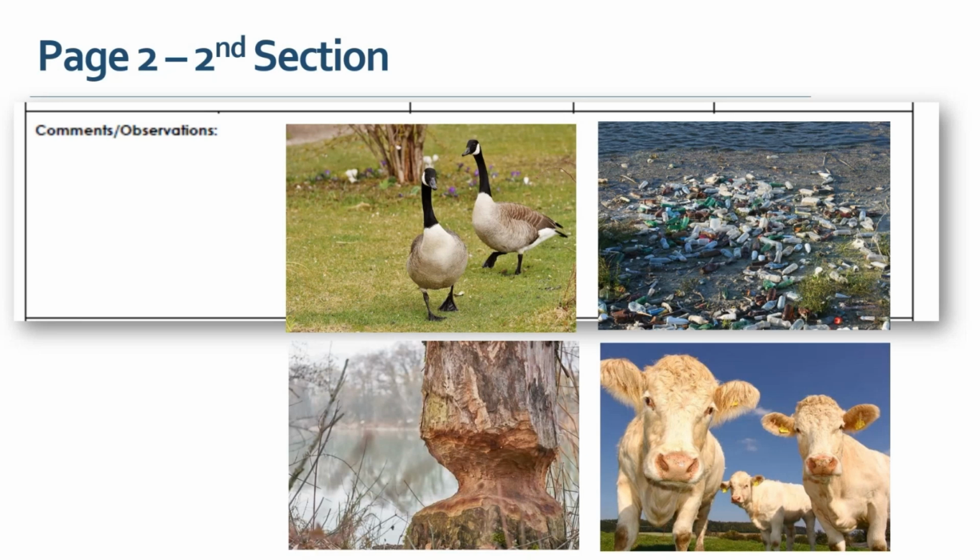Geese or cows could be sources of nutrients, let's call them. And how much litter is present? So this is a good place to record if there is a need to come back and maybe do a cleanup in that location.